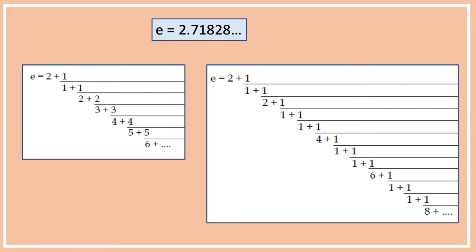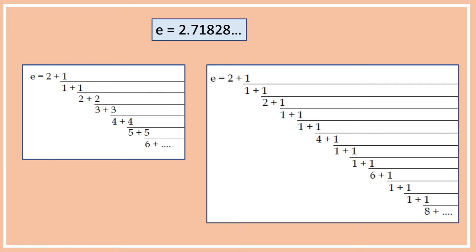This is showing us an interesting fact that we see in the numerators, but also in the denominators, all natural numbers. And this is just an amazing fact. So we can see that all natural numbers are part of that very harmonic number E.